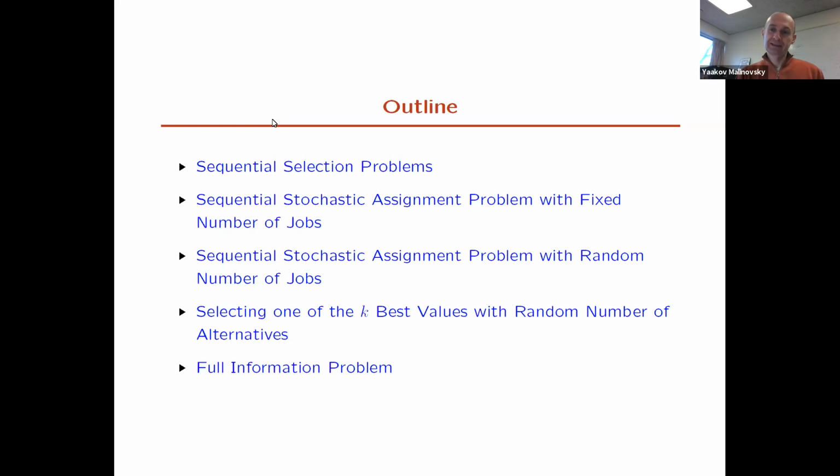And in the last part, I will explain that all these problems can also be solved with full information, when someone can see the whole filtration, including the random variables themselves. So this is more or less the outline.